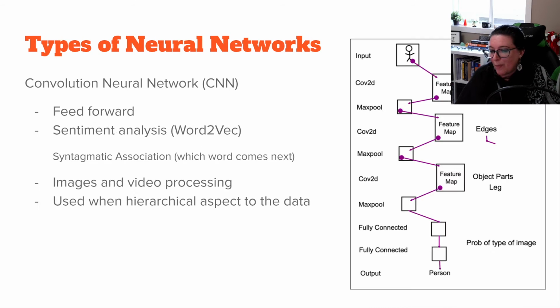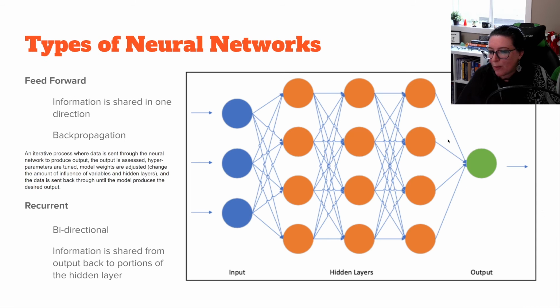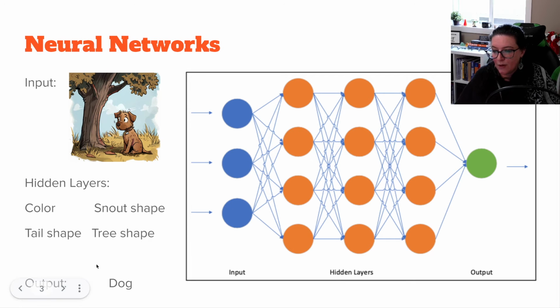So if we go back just a sec to where we were, that means we're going one direction through the neural network, and we're using back propagation to change the weights and hyperparameters to adjust it and then going through it again, okay? As opposed to the recurrent, which adjusts and goes back to those different ones.